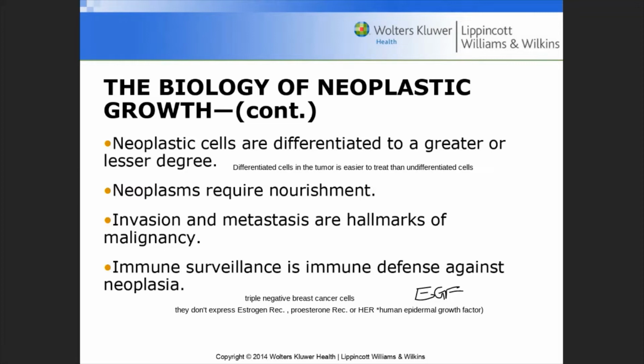They could produce more of it, or they might have a constitutively active receptor. In other words, let's say here's a tumor cell, and here is the epidermal growth factor receptor, right? Usually, if epidermal growth factor binds to this, then you get an amplification signal, usually phosphorylation occurring like this, right?